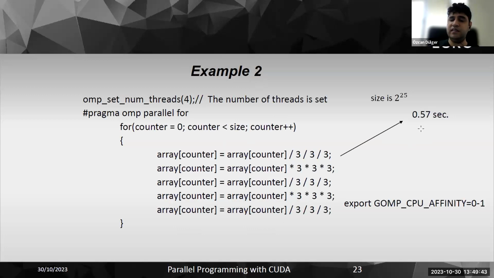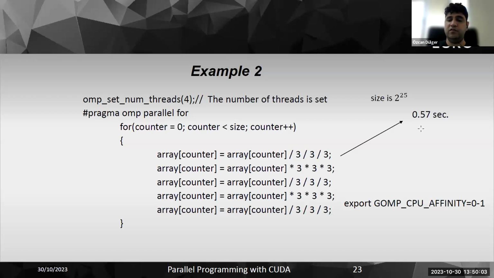If we set the affinity to 0 and 1, that means only these 2, the zeroth and first core, will be active, and these 4 threads are distributed among these 2 cores.